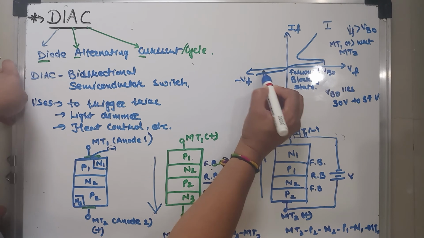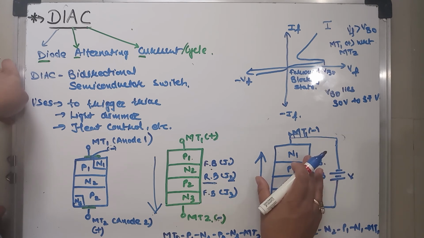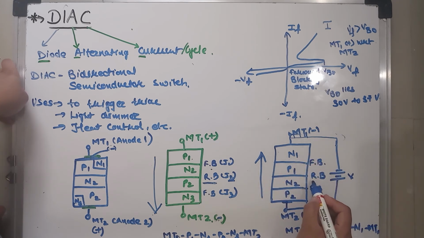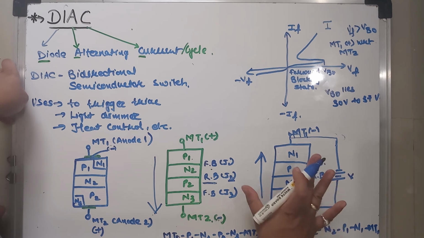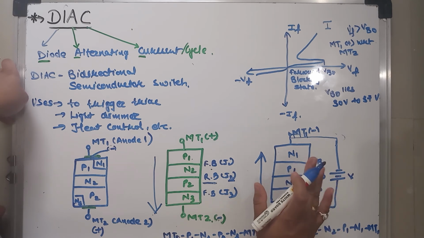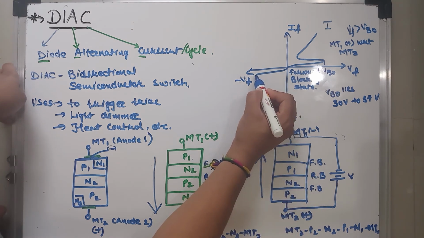Now when your voltage is less than the breakover voltage, your device is forward biased, but due to the reverse biased junction N2 and P1, your device can't allow the flow of current. Only a very small amount of current flows, due to thermally generated minority carriers.